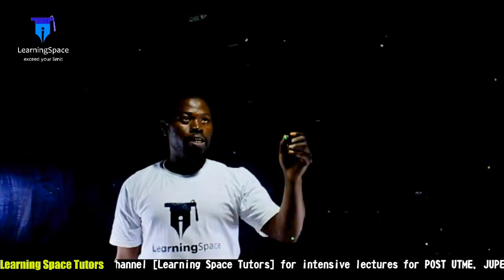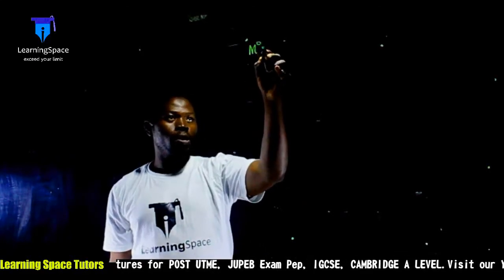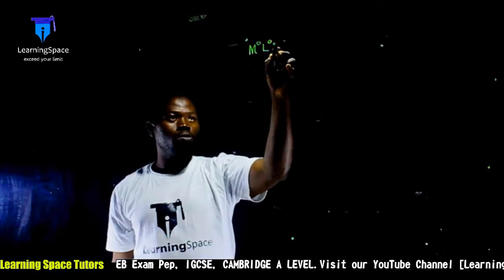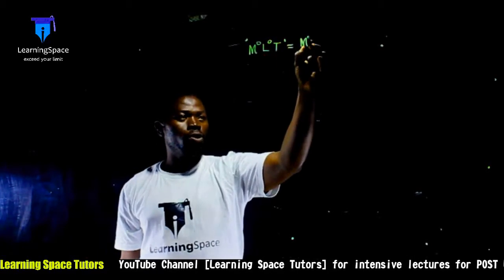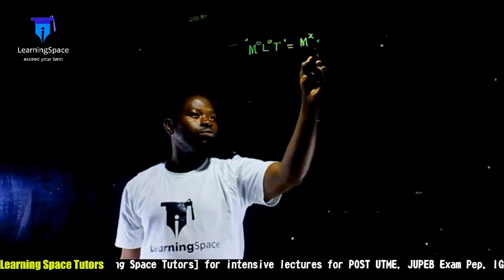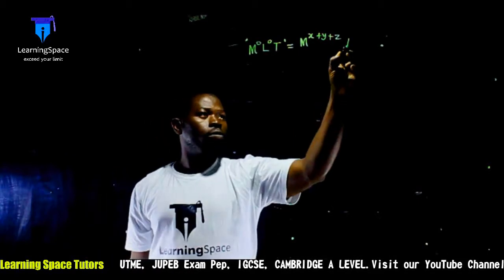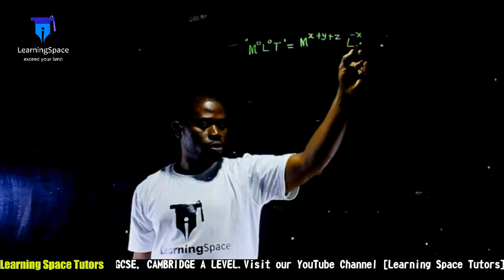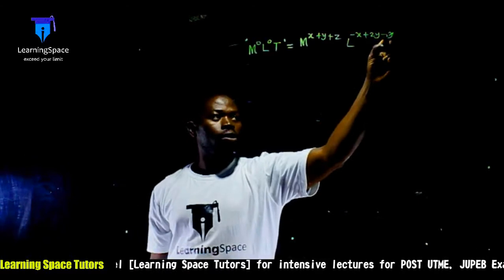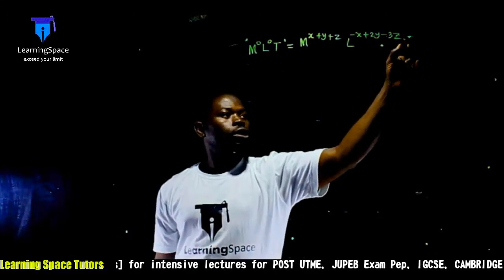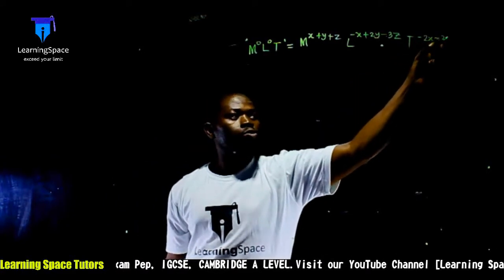Simplifying the expressions that we were given earlier, we have M^0, L^0, T^1 equal to M^(x+y+z), L^(-x+2y-3z) dot T^(-2x-2y).